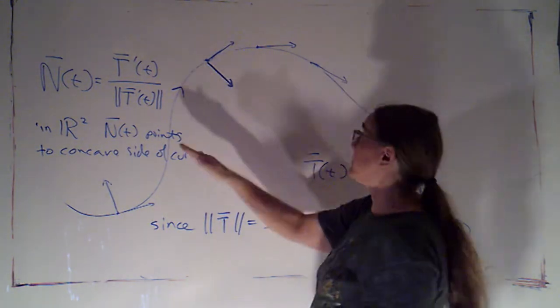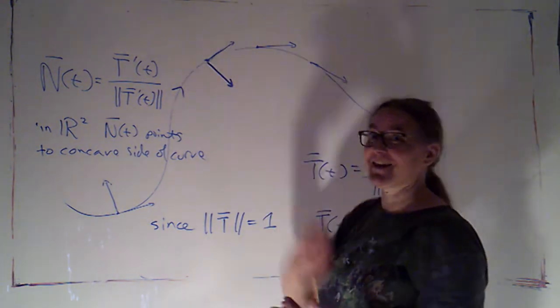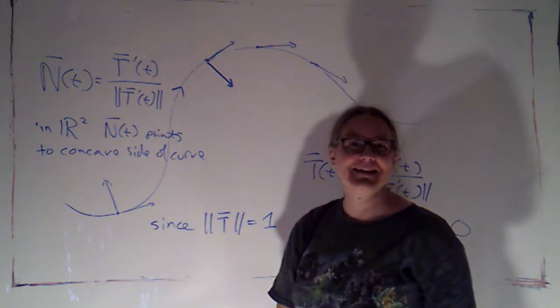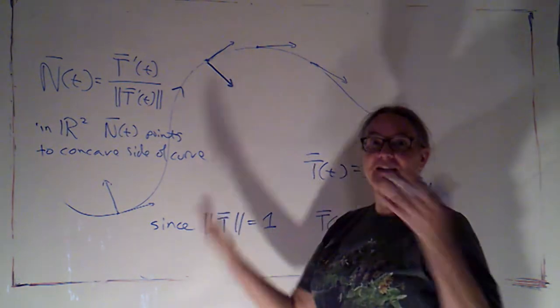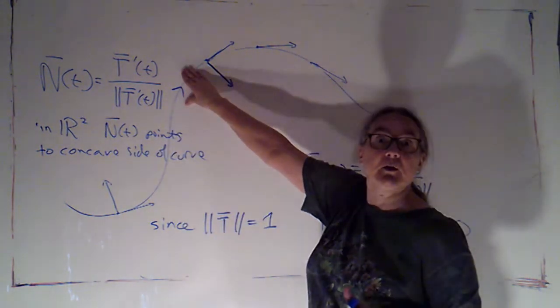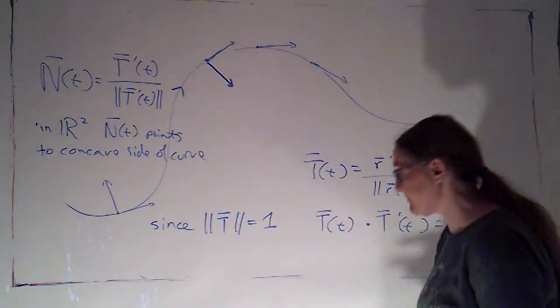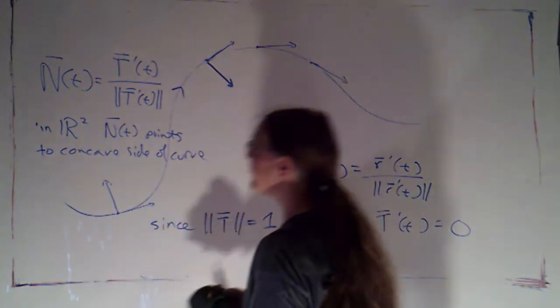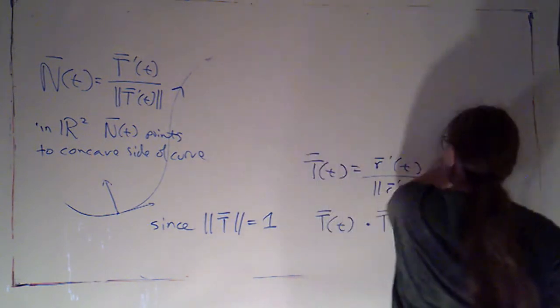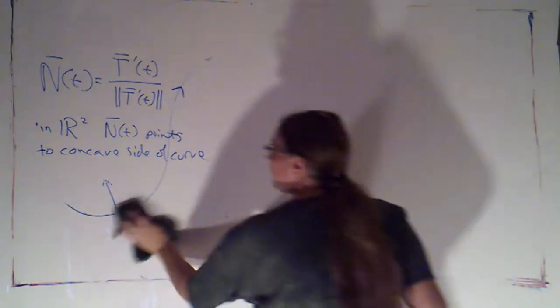So in 2-space, we're choosing between two possible directions that are perpendicular to the unit tangent vector. In 3-space, we've got infinitely many possibilities, but this will pick out one of them. Okay, so let's see if we can find ourselves a unit normal vector.